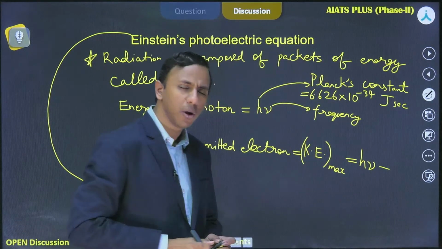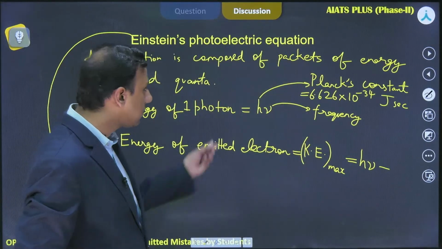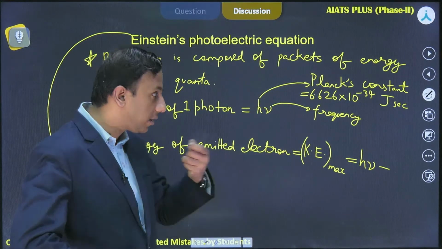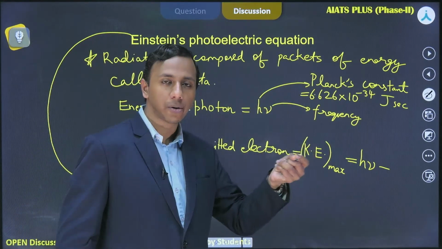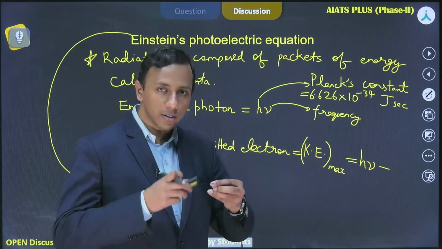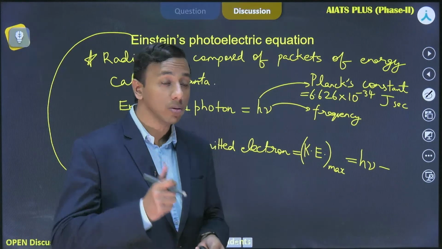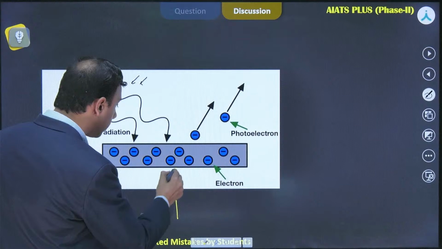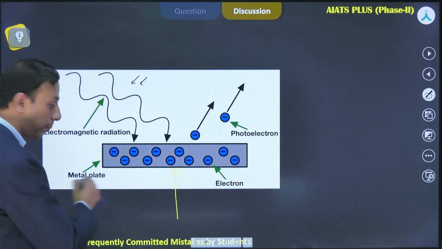minus. Why minus? Because if this much energy is falling on that metal surface, it doesn't mean that the photoelectron that is ejected will have that same energy. That's not possible. It's going to lose some energy because of the metal plate.